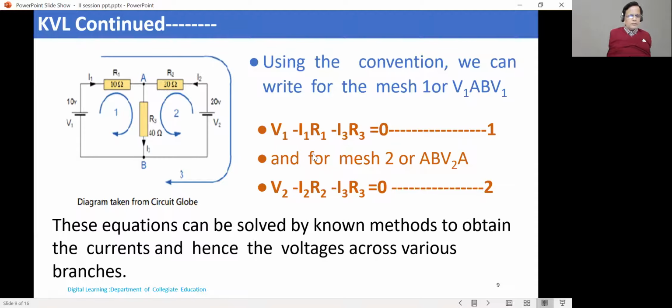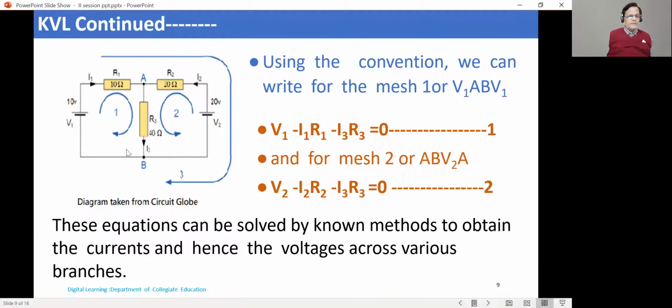Now to get the values of currents I2, I1, I3 etc., we can solve the network equations by any method that is known to us. In this case, there are two equations and there are three variables. We have nothing to worry about because not all currents are independent.